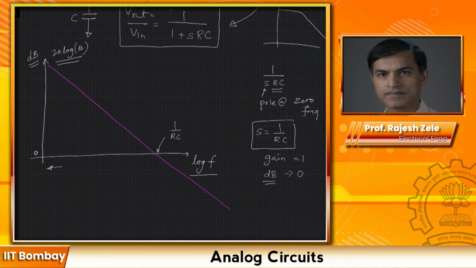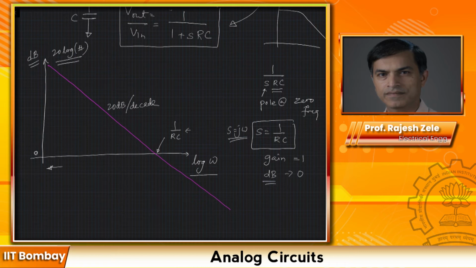Let's modify this slightly, and instead of f, we will call it log of omega. Otherwise we have to put 1 over 2 pi over here. S equal to j omega, right? That you know. So this is the bode plot or gain plot of the ideal integrator. It just looks like a straight line, and the slope is 20 dB per decade.